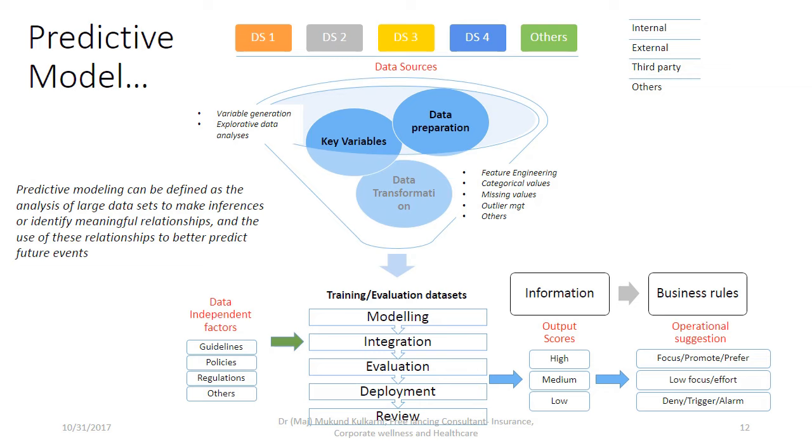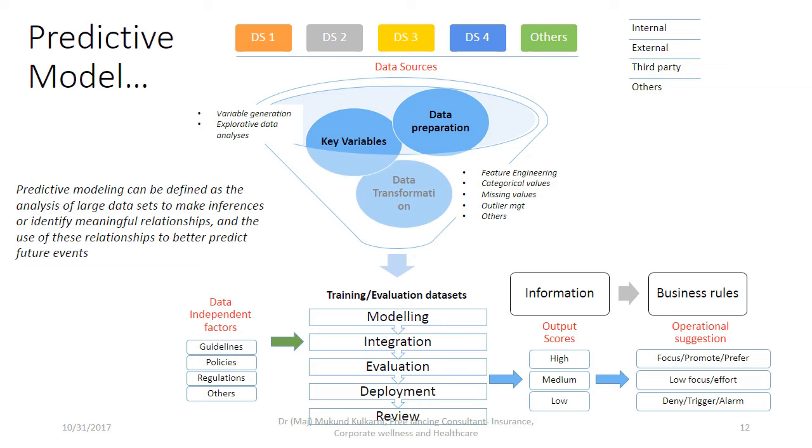Now what differs here is basically the data sources which are specific, and again those are dependent upon the extent of data available today in the market as well as internally with the insurance company. Now one point I would like to talk about is, though the typical process is going to be the standard process of modeling, integration, evaluation, and then pilot deployment, review, and then a full deployment.